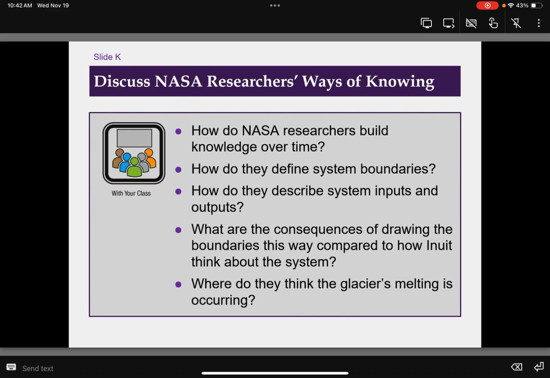The things that go into the glacier, obviously. So things like the sunlight that goes in the glacier, melts it into water.